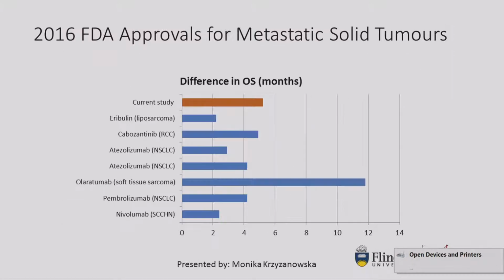Just to give you some comparison, this is what was presented by Monika Krzyzanowska, who discussed the study, which was, by the way, a plenary presentation at the major oncology meeting in the United States. This is the current study, 5.2 months median difference in overall survival, and how it compares to some of the new modern targeted therapies in cancer.